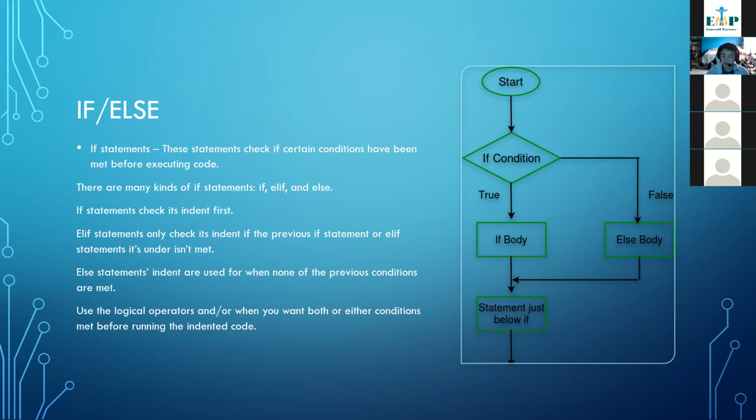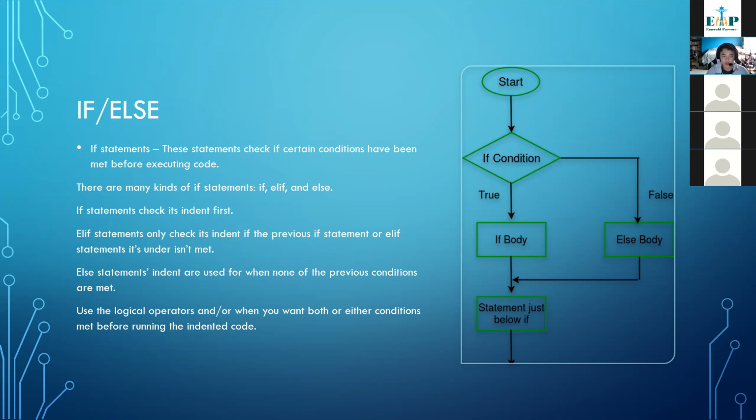But if the if condition is false, then you run the else body code, and then you go to the statement below that. And this is where logical operators and comparison operators are used. Logical operators, and and or, are used when you want both or either conditions met before running the indented code under it.